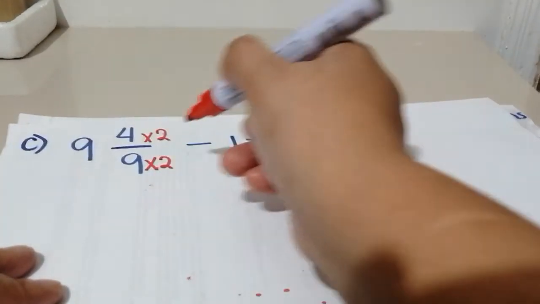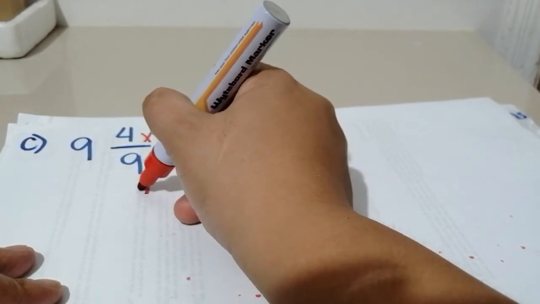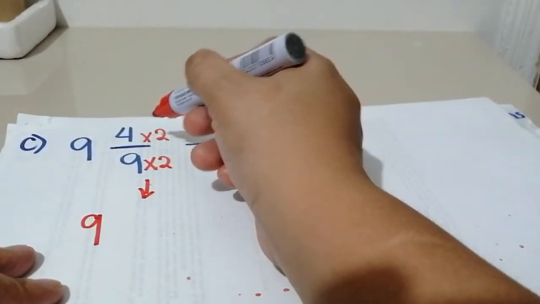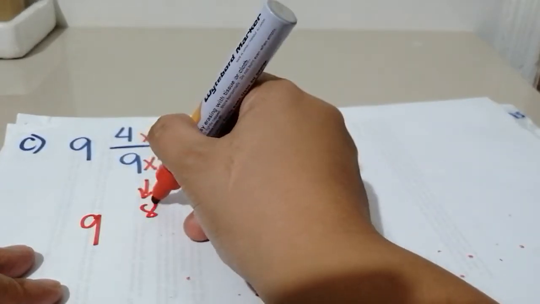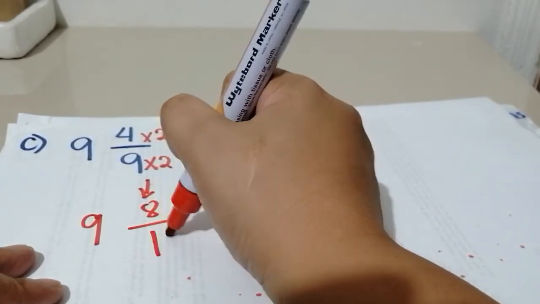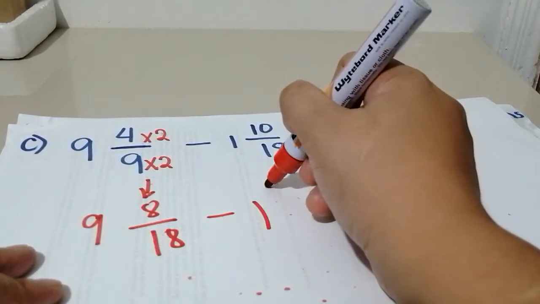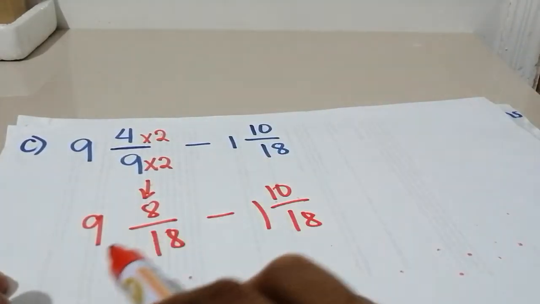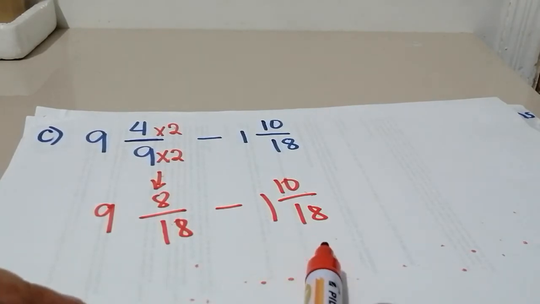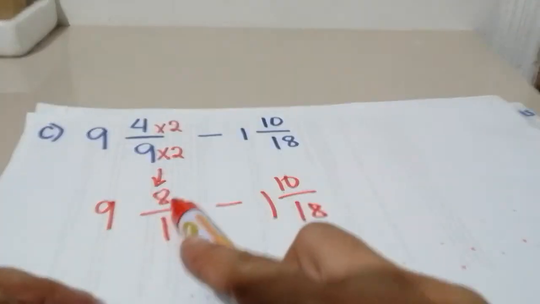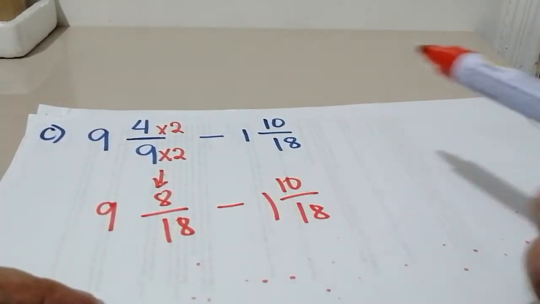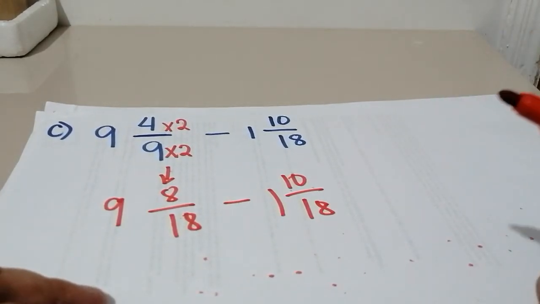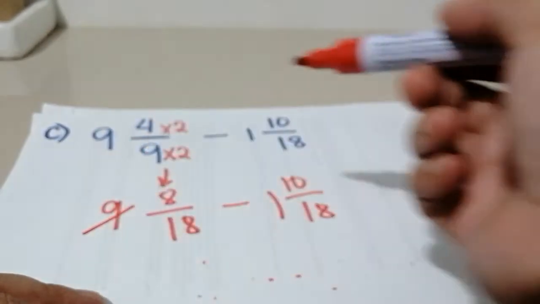Okay, now we are ready to have another fraction, which is 4 times 2 is 8 and 9 times 2 is 18, minus 1 and 10 over 18. So as you can see from this fraction, may similar fraction na tayo. But then again, 8 minus 10 is not possible. Hindi siya pwede. At dahil doon, kailangan na naman nating mag-borrow ng 1 whole sa 9.